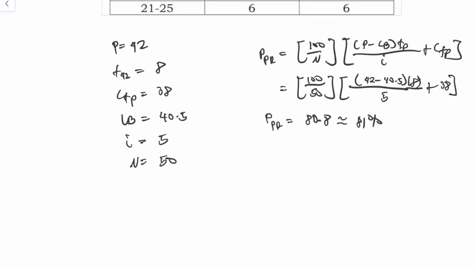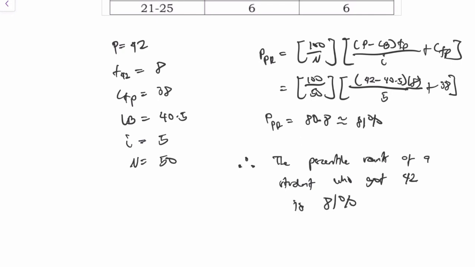Now, how will we interpret this answer? So this means that the percentile rank of a student who got 42 is 81%. Now that is how you get the percentile rank of grouped data.